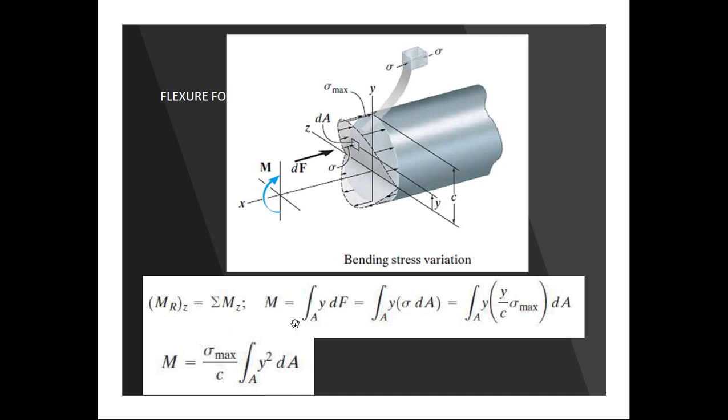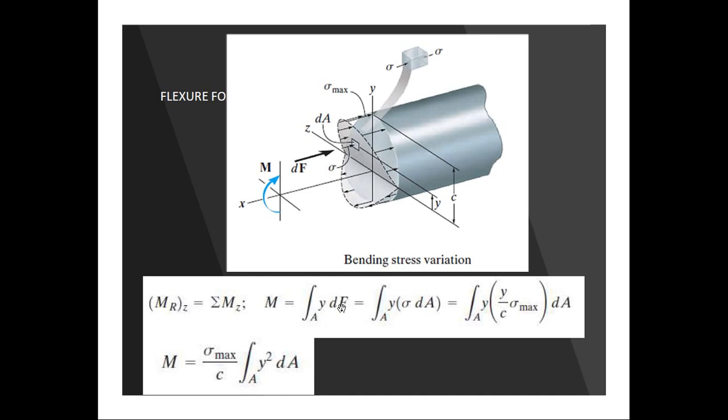So what we have done here is, if we take the summation of moment at this particular line, the neutral axis, we get M is equal to y into dF. This is your force, this is your lever arm, and then we will integrate for the entire area.